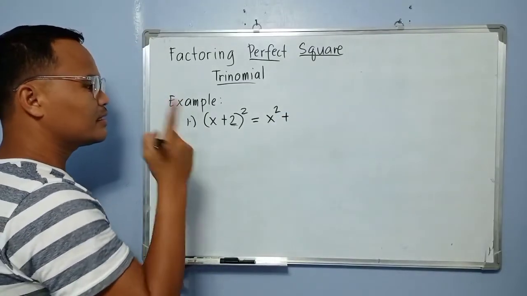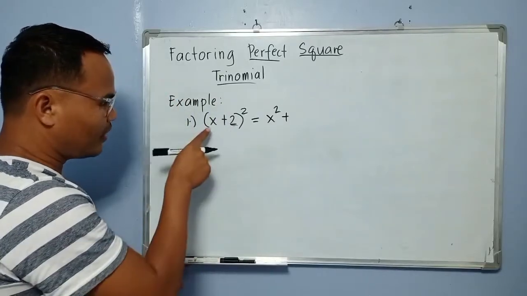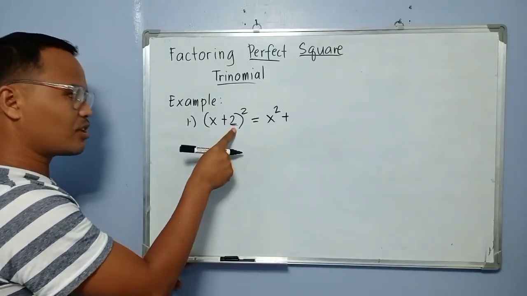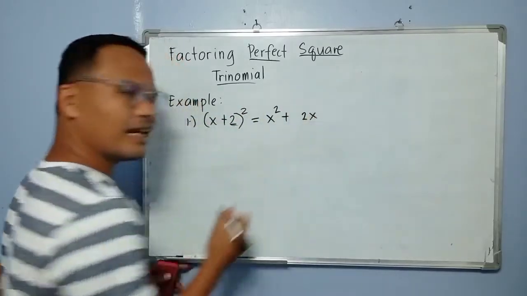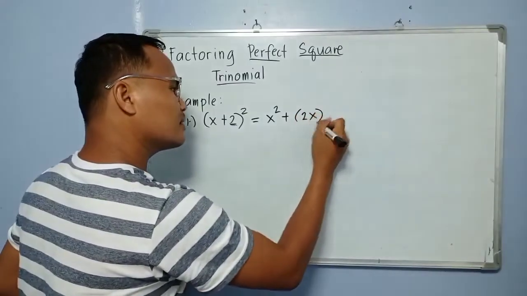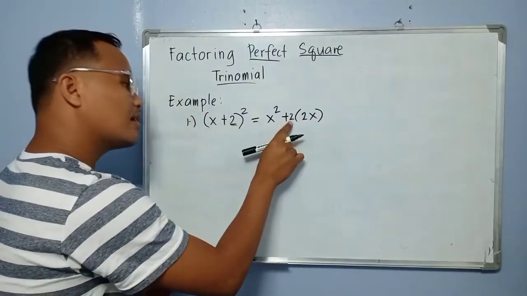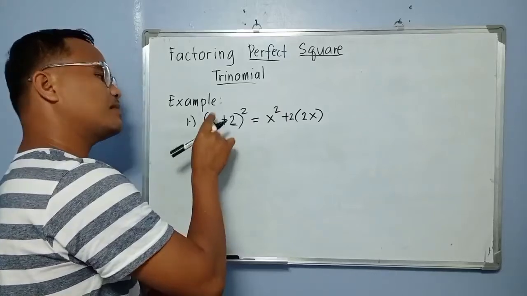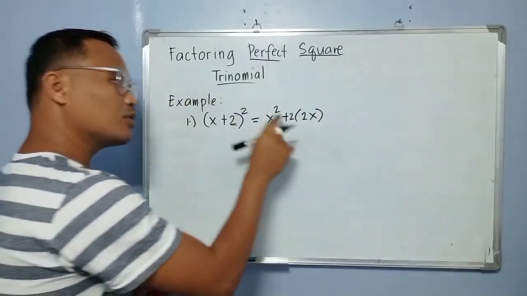Then twice the product of the first term and the second term. The first term is x and the second term is 2. Do not forget the 2, because it is twice the product of the first term and the second term.